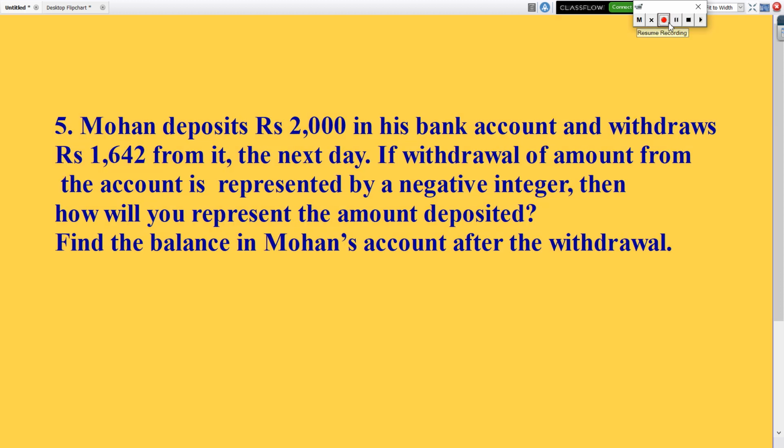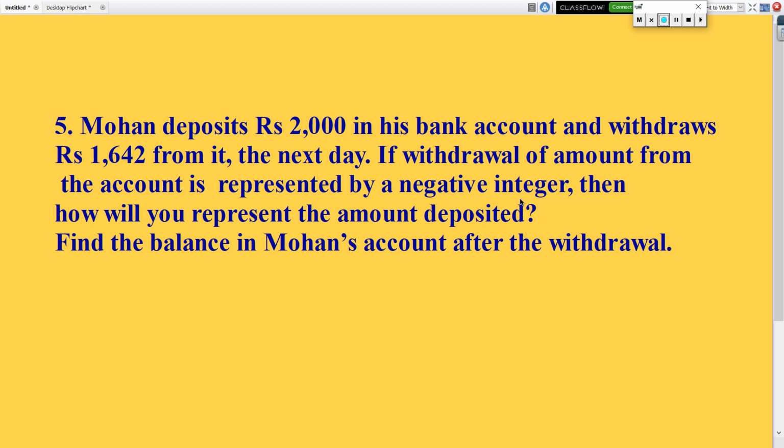Here is your question number 5. Mohan deposits 2,000 in his bank account and withdraws 1,642 from it the next day. If withdrawal of amount from the account is represented by a negative integer. Withdrawal means we are taking money from the bank.